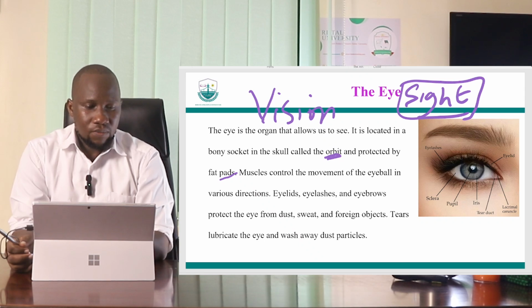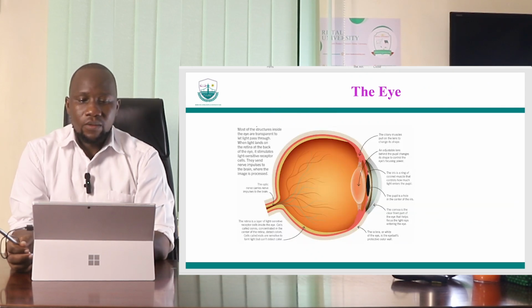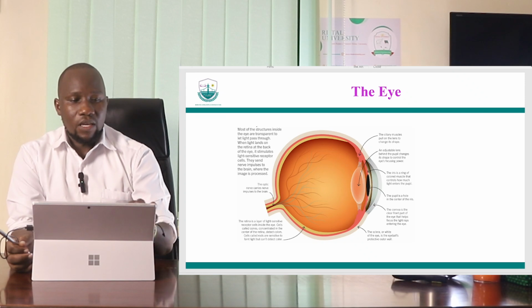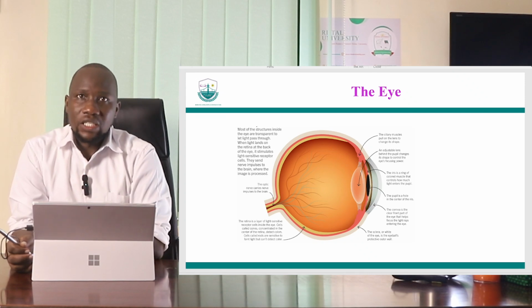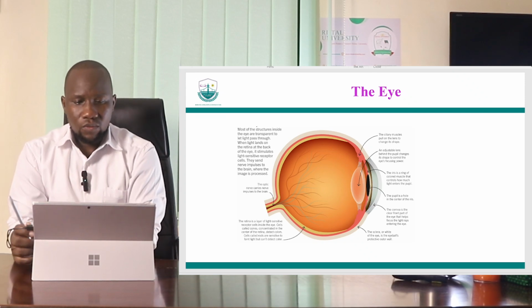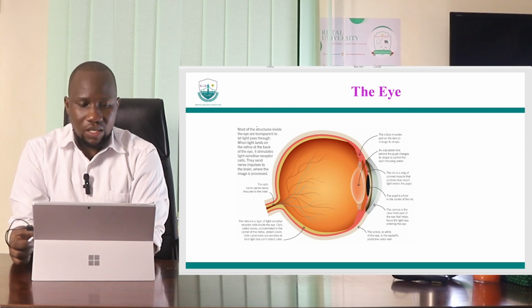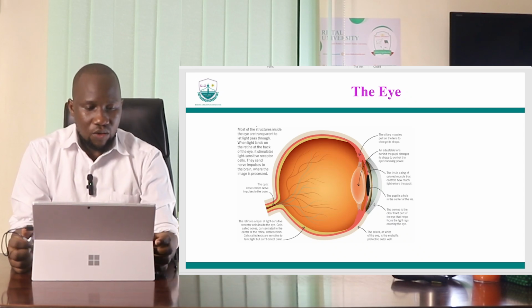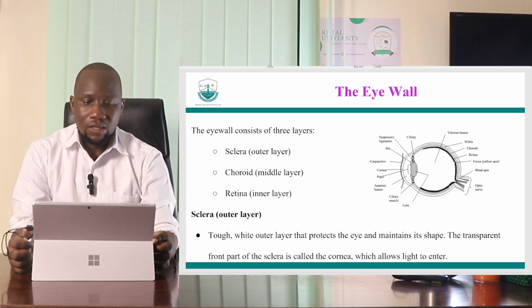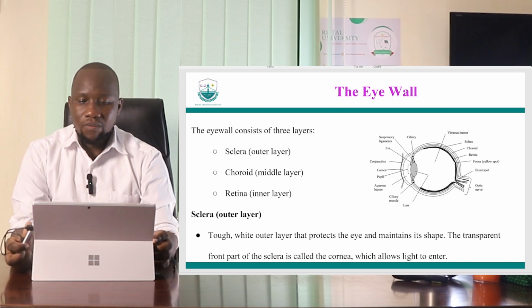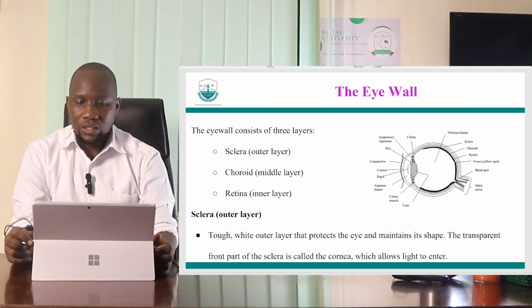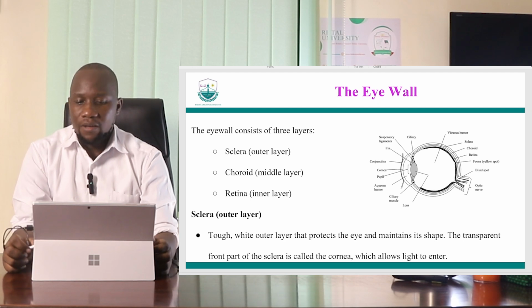So let's look at the inner structures here. In this diagram, when you are asked in the exams, you will most likely be asked using an image closer to this one here.